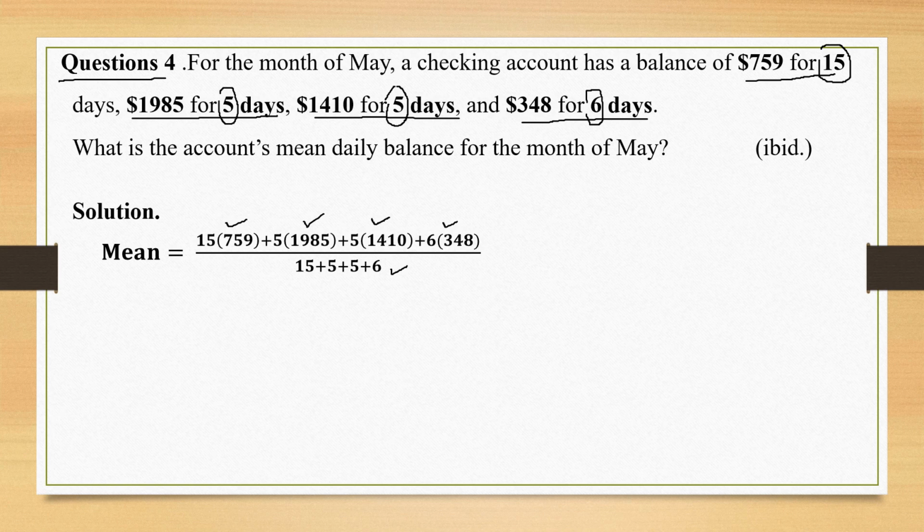If we add it, the answer will become 31. May contains 31 days. After solving, the numerator is 30,448 divided by 31, so the answer is 982.16.